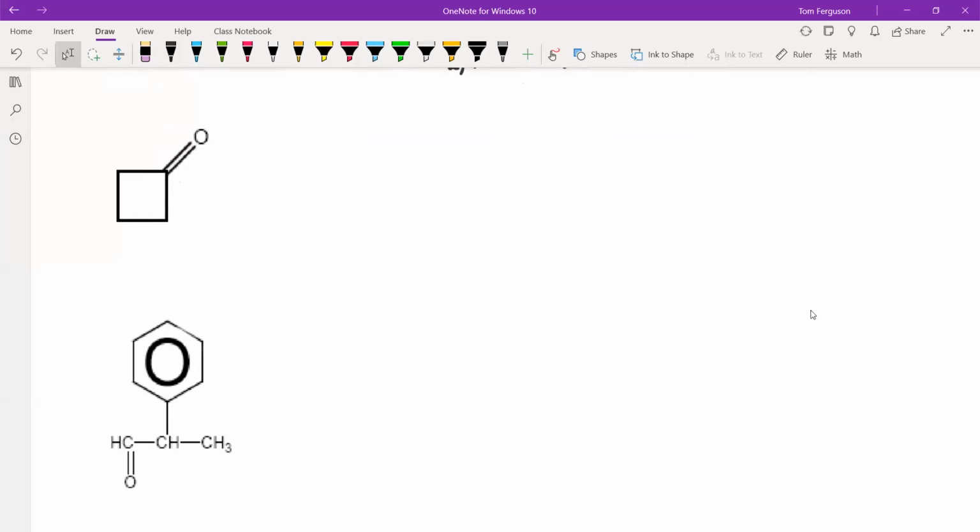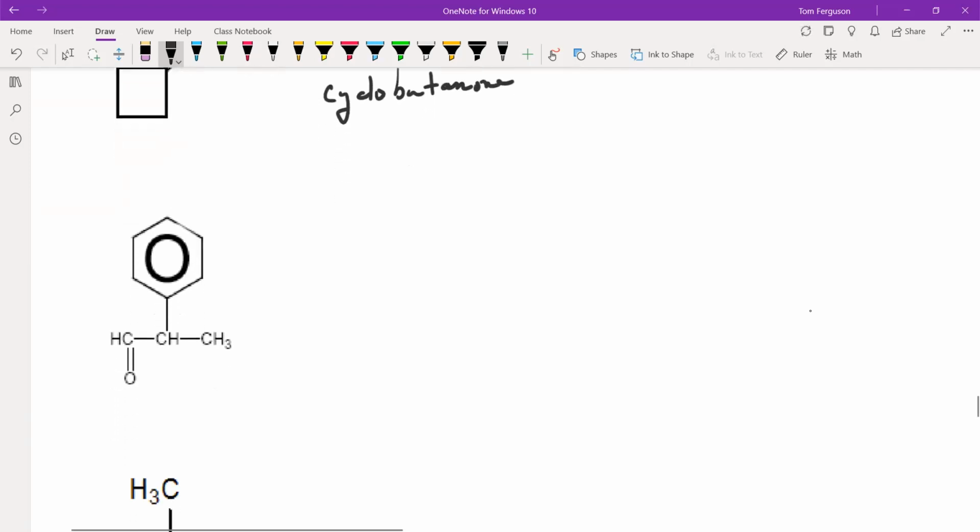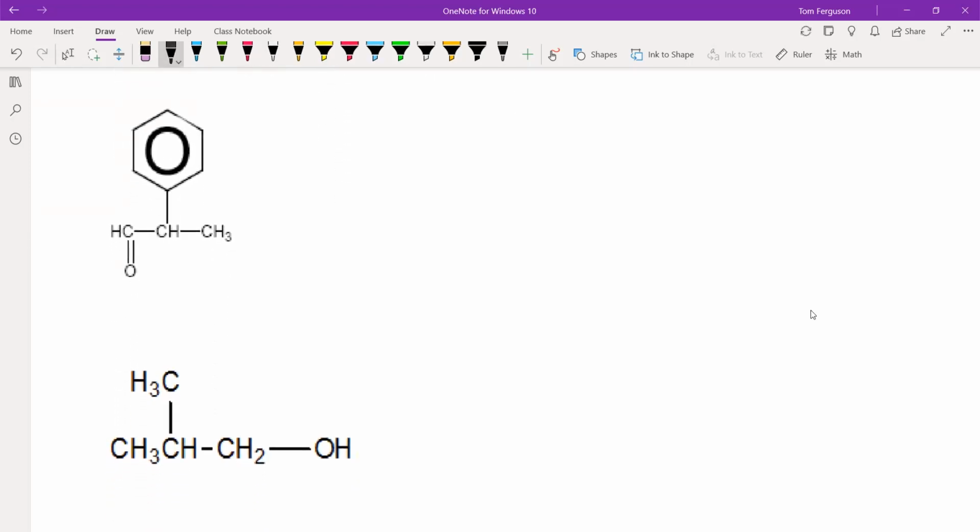Okay, so this is a ketone. And it's a 4-carbon ketone, so it would be a cyclohexane. Butenol. Okay, here we have an aldehyde again here on the end, left side. It's a 3-carbon backbone, so it's going to be a butenol. And it's got a benzene group as a branch at carbon number 2.